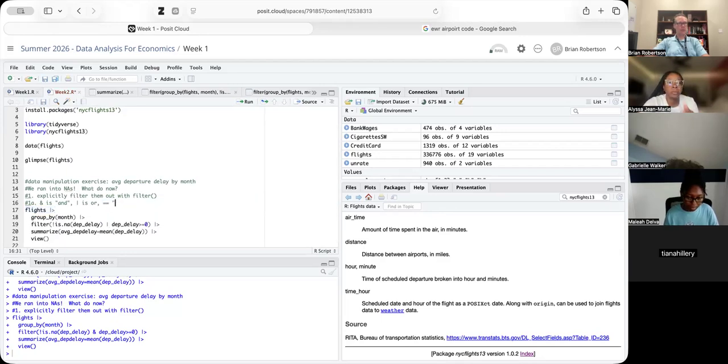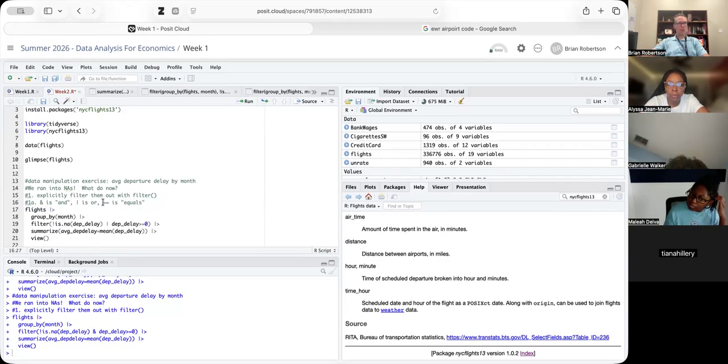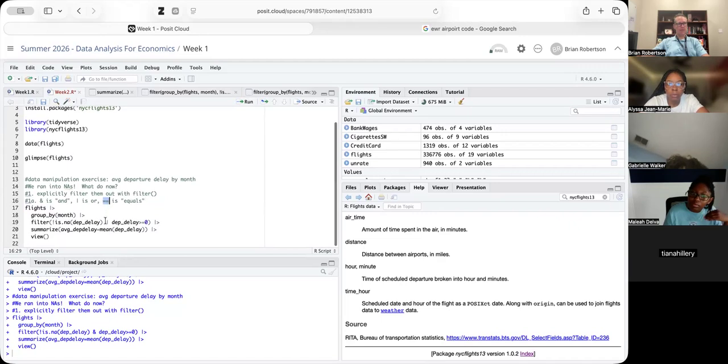So this is an important one to remember. A single equal is an assign. That's when we want to assign a variable a particular value. Double equals does a comparison. So let's illustrate that real quick.